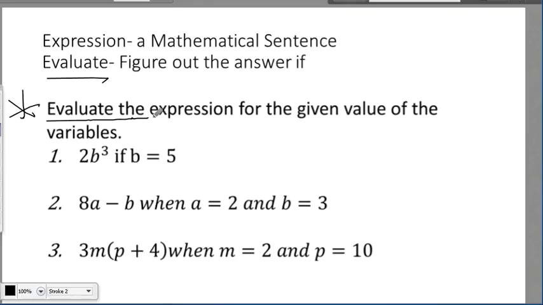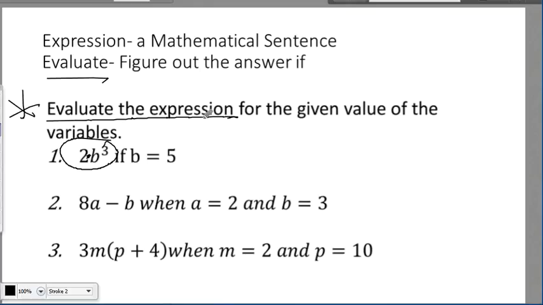This is the expression. Whenever you have a number next to a variable in algebra, that is implied multiplication. So 2b to the third power would read as 2 times b to the third power.